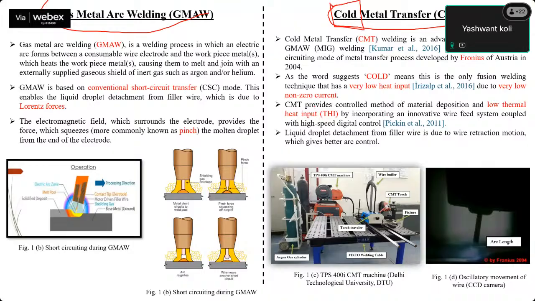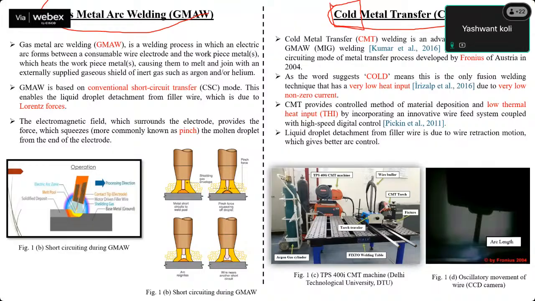CMT provides a controlled method of material deposition and low thermal heat input by incorporating an innovative wire feed mechanism coupled with high speed digital control. This is the wire here, the wire buffer, and this is the digital process control, DPC. DPC is the heart of the CMT machine.